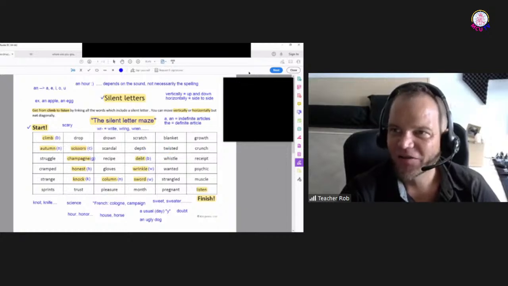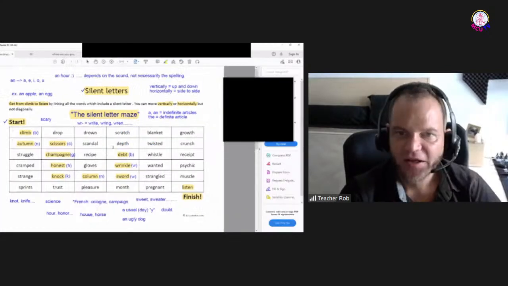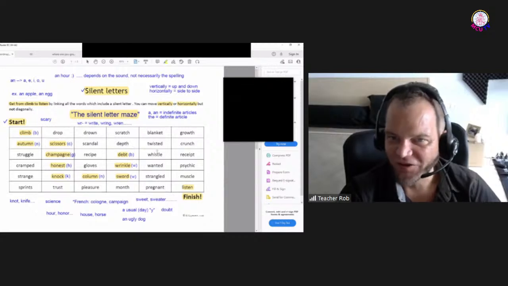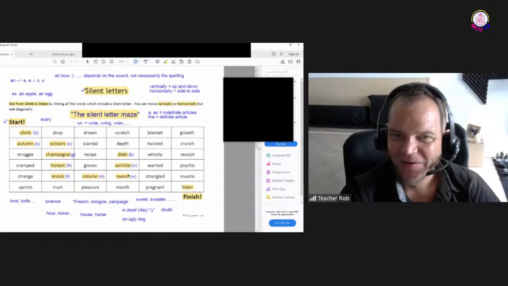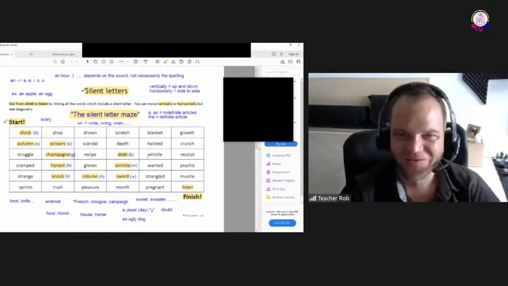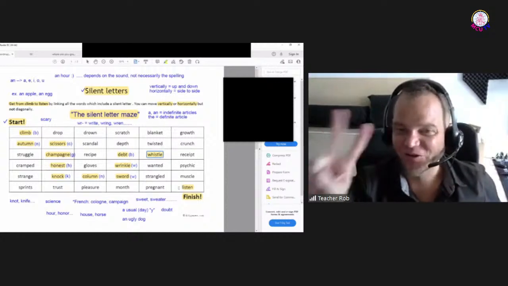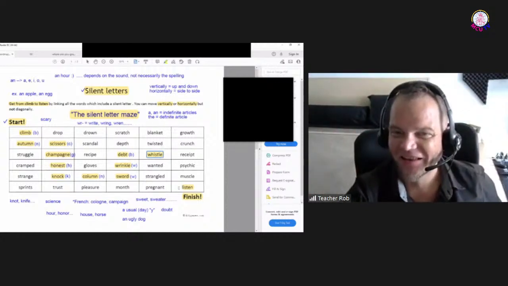Good job. Now let's go to these three. We can either do depth, above the word, or whistle. So recipe, depth, or whistle? Whistle. It is whistle. Yes, it is. Actually, there are two silent letters. What else don't we hear?